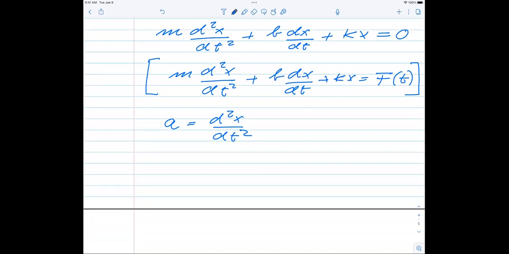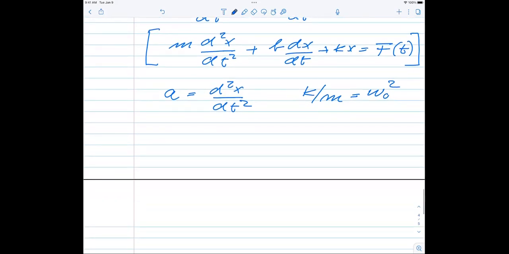So since we are interested in the acceleration now, and we just remind ourselves that k divided by m is this omega 0 squared, what I'm going to do now is simply to divide the whole equation by m.